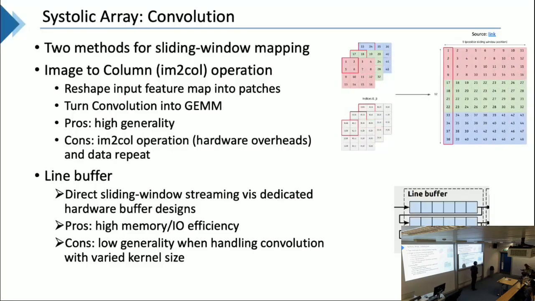And the basic idea of line buffer is, for example, you have this convolutional kernel in, right? 1, 2, 3, 4, and you're streaming your data in, and you have this 1, 2, 3, 4. After 4 clock cycles, you load all this data. At the beginning, you don't choose to output the data.